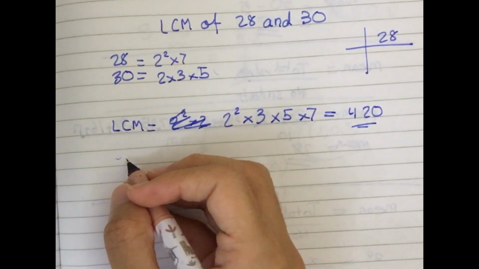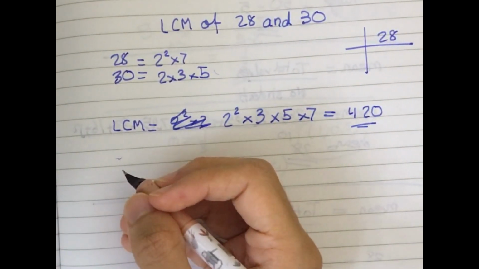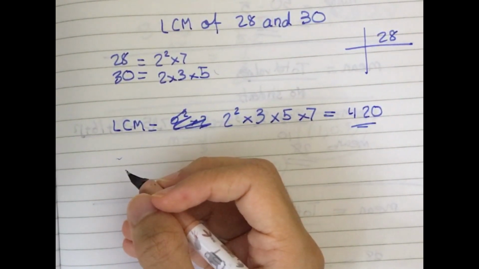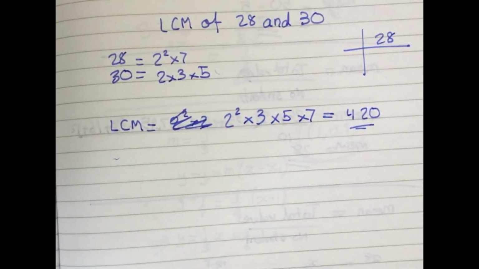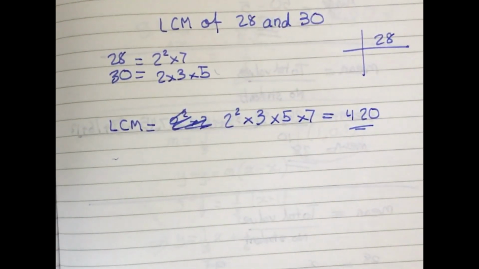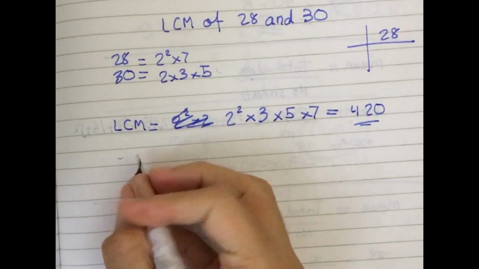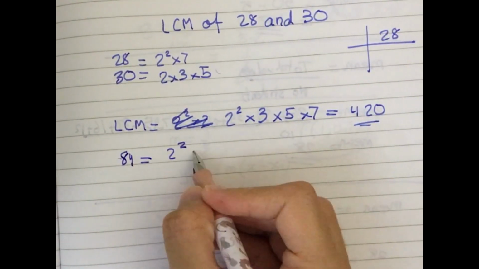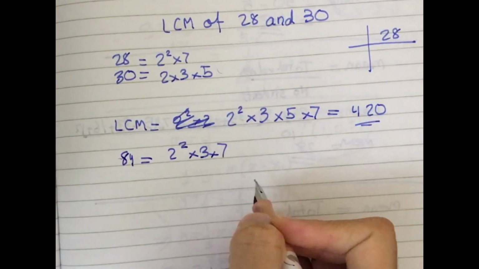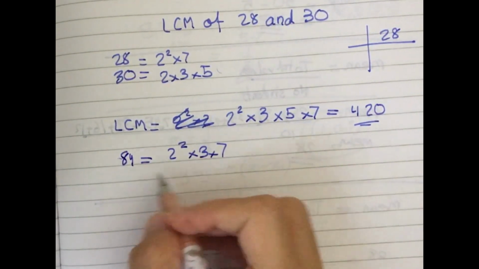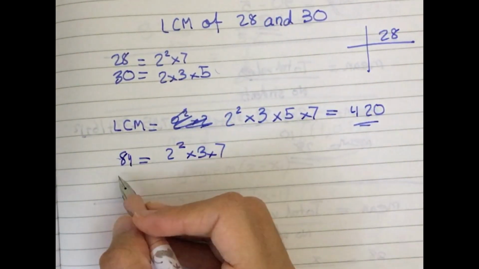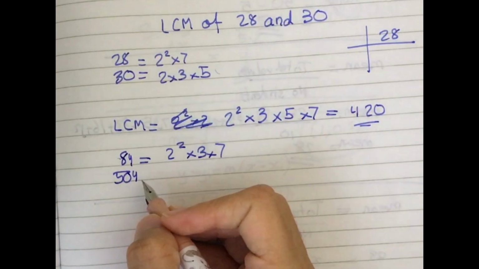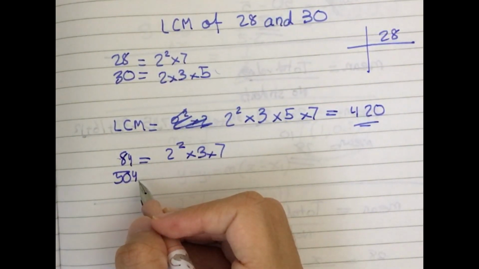So we're going to use the same exact method to find this N. First, we find the prime factors of 84. We found it in the previous question: 2 square times 3 times 7. Now you have to find the prime factors of 504 as well, so we can compare them and find it easily.